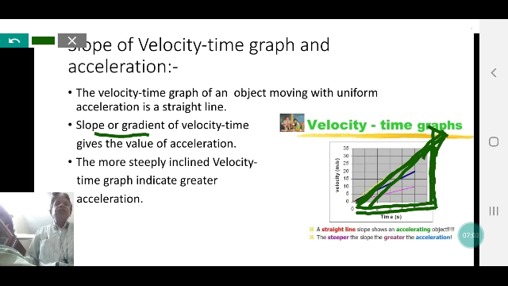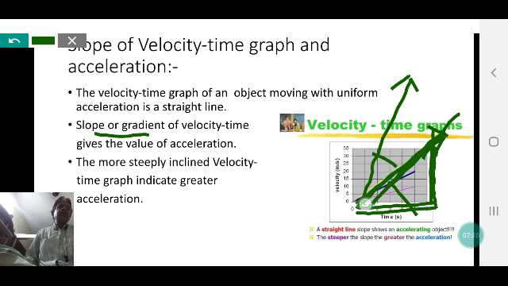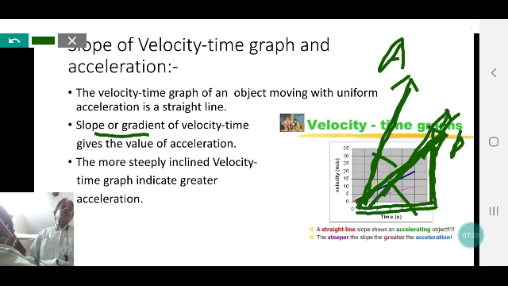Now, if there are two velocity time graphs, one for object A and one for object B, the more steeply inclined graph shows greater acceleration. So we can say object A is moving with more acceleration, and object B is moving with less acceleration.